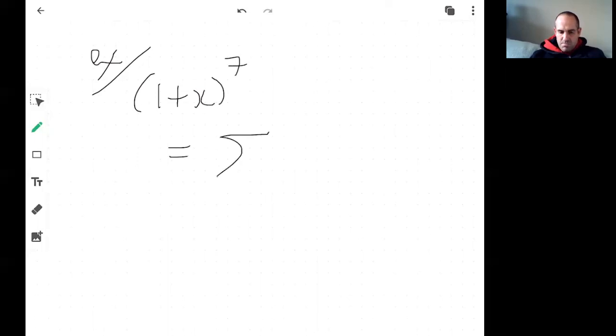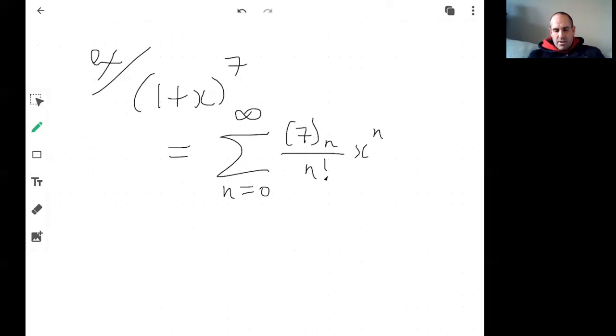It would be the sum, n going from 0 to infinity, of 7 Pochhammer symbol n over n factorial, x to the n. What's interesting here is what is 7 sub n?